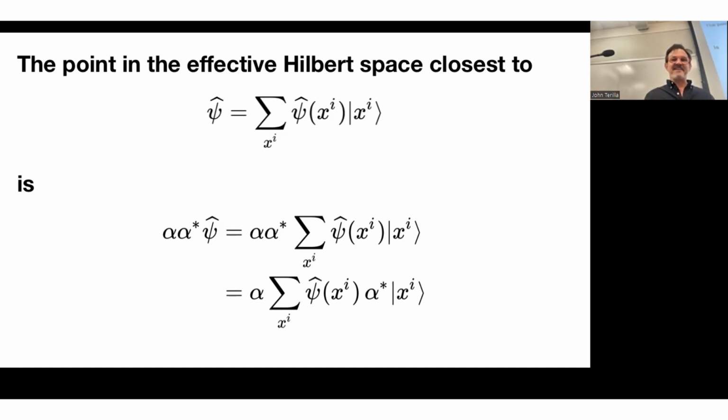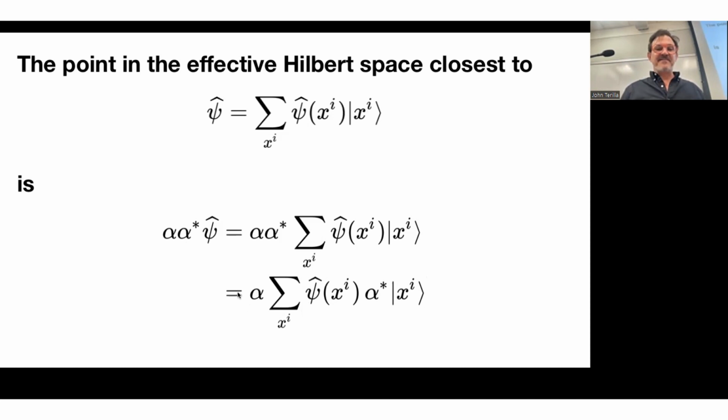Now, how do I find the point in this effective 3-dimensional Hilbert space embedded inside this large space? I just apply alpha star. These are linear maps. So it breaks down into really 2 little pieces. One is I pull these constants out, and then I have this alpha star xi term. So I'll tell you how to compute that.